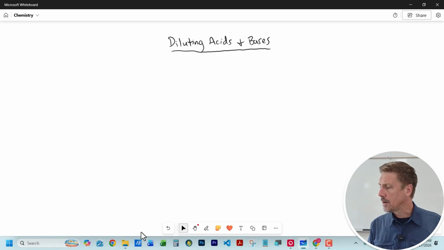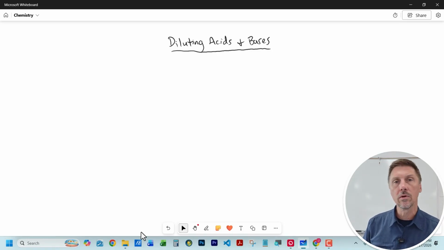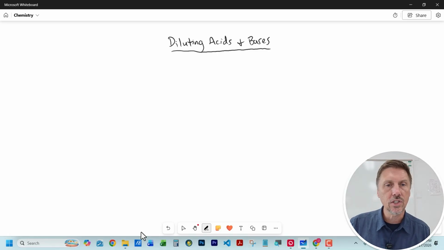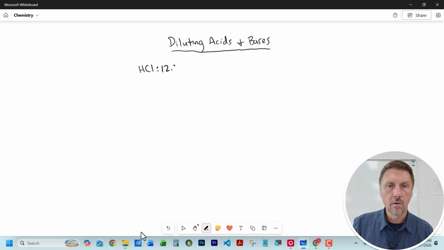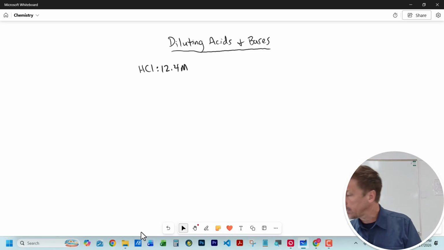And so the example that we have here is we've got concentrated hydrochloric acid that's bought from a chemical supply house, and it's a 12.4 molar solution of HCl. So initially our HCl is 12.4 molarity, right?